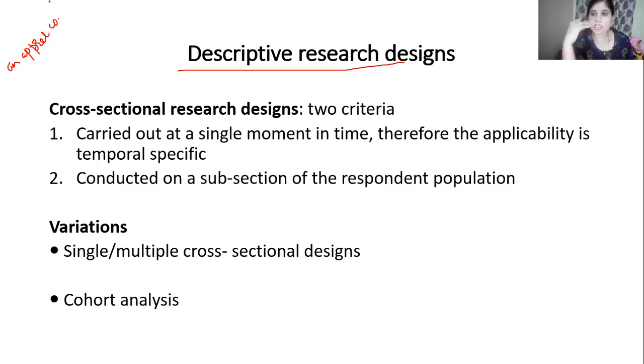So it will try to understand the facts, frequencies, trends and characteristics of its respondents or its buyers. That is a descriptive research, which takes a formal structure and a detailed study of the research.